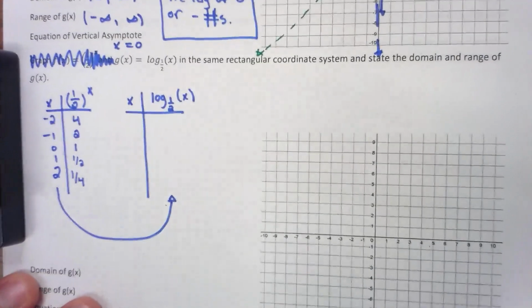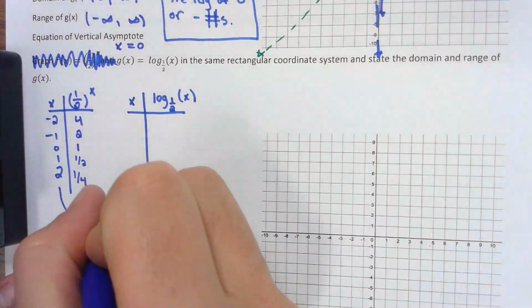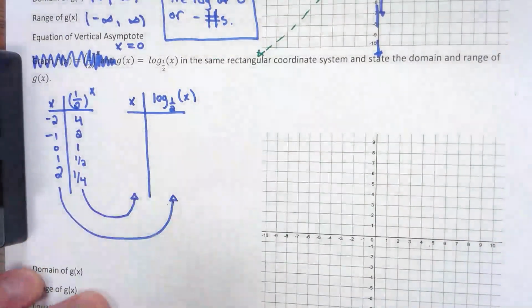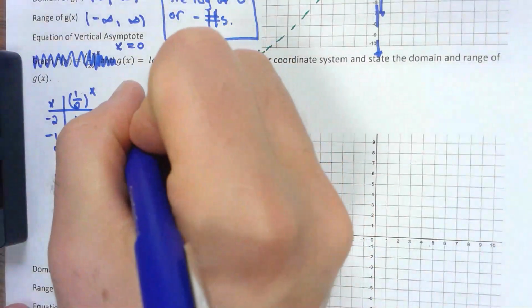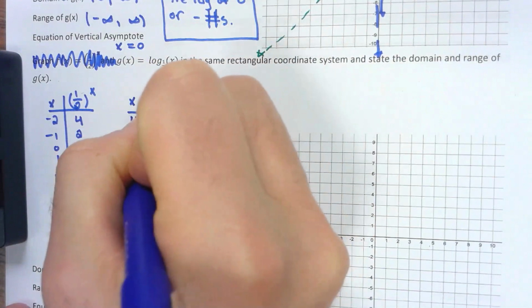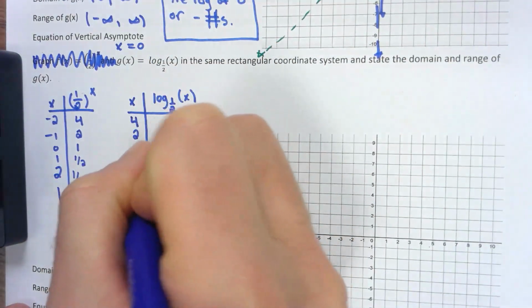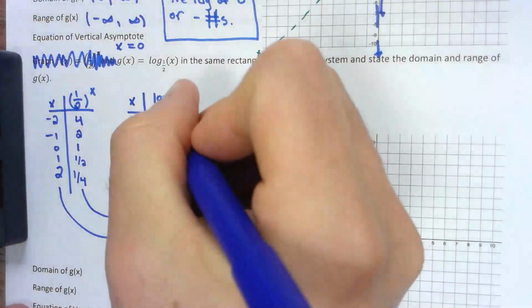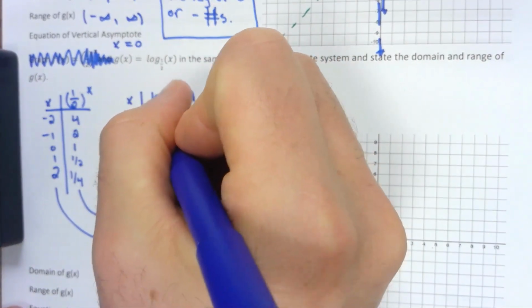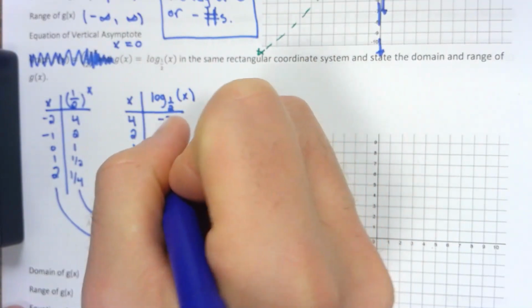And then the range of the exponential, or the y values, become the domain of the log, or the x values. So we just switch these two columns. So this is 4, 2, 1, 1/2, 1/4. And then the x's that become the y's are -2, -1, 0, 1, and 2.